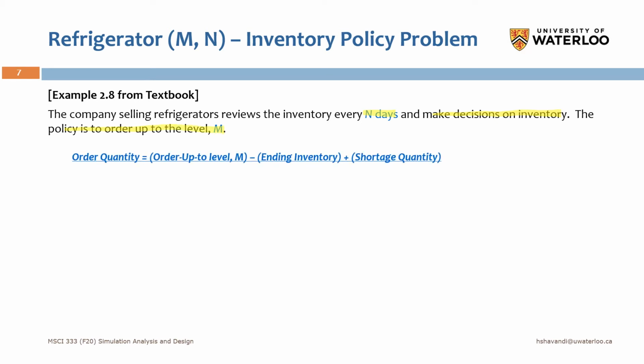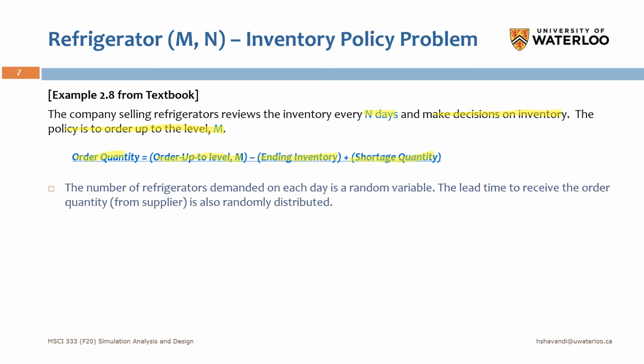So the order quantity here will be this: ordering up to level M, which is given, minus the ending inventory. It depends on the ending inventory on that day, I mean, every N days. So on that day, the ending inventory will be here, plus the shortage quantity. Okay, so by this equation, we obtain the order quantity.